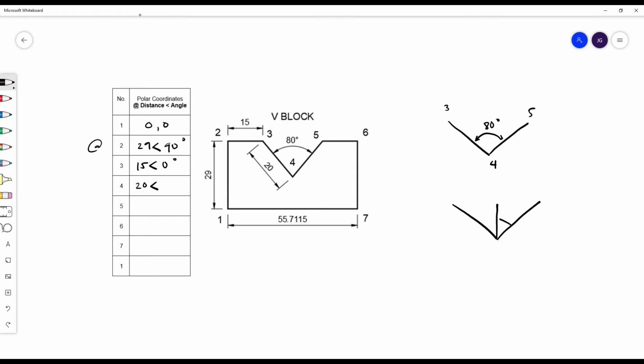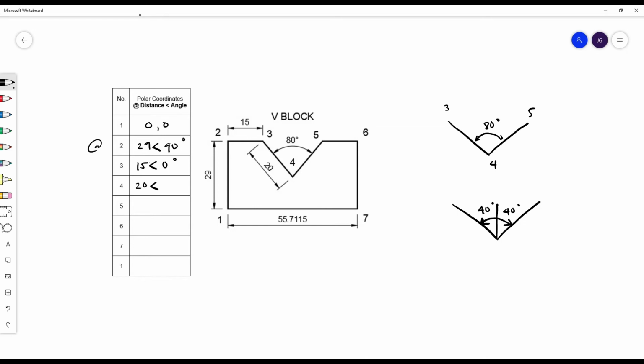So we just need to get our angle by dividing 80 by 2. So we have 40 degrees and 40 degrees for this side.